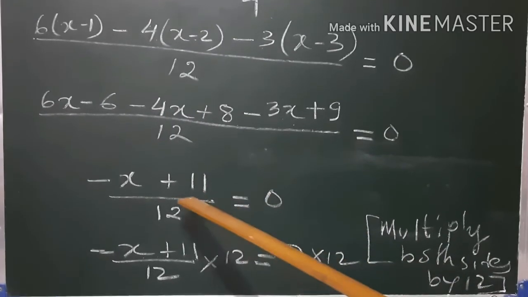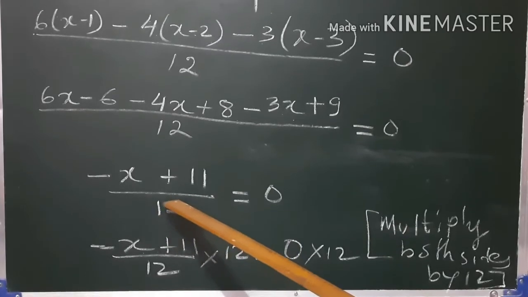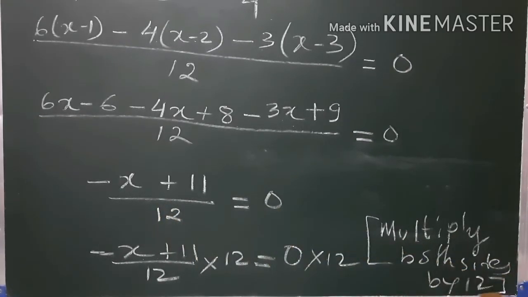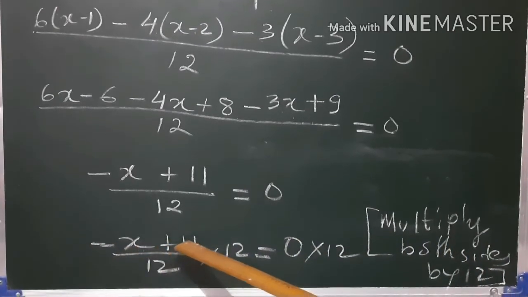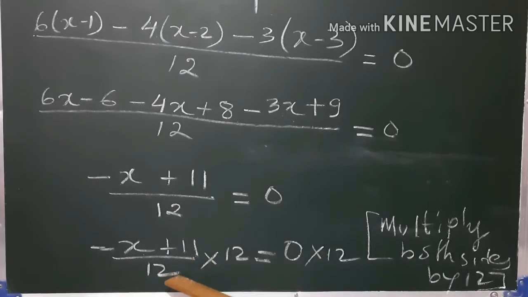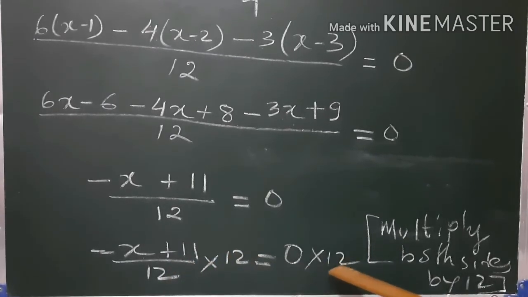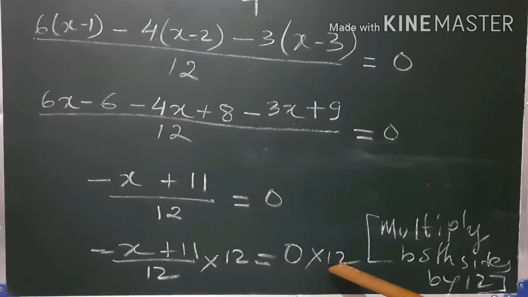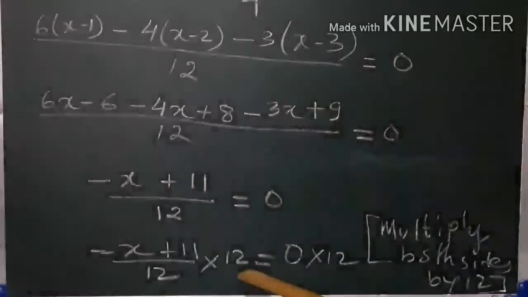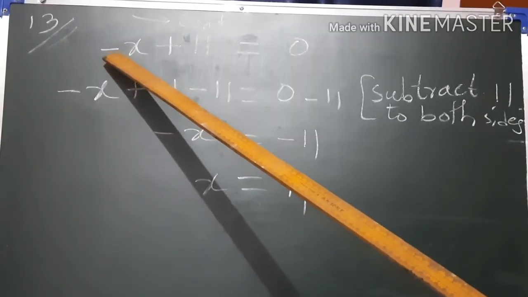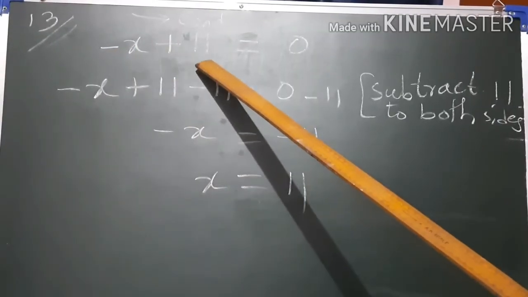Now here this 12 we have to remove. In order to remove 12, we have to multiply both the sides by 12. So (minus x plus 11) upon 12 multiplied by 12, and 0 into 12, both the sides we are multiplying by 12. So we get minus x plus 11 is equal to 0.